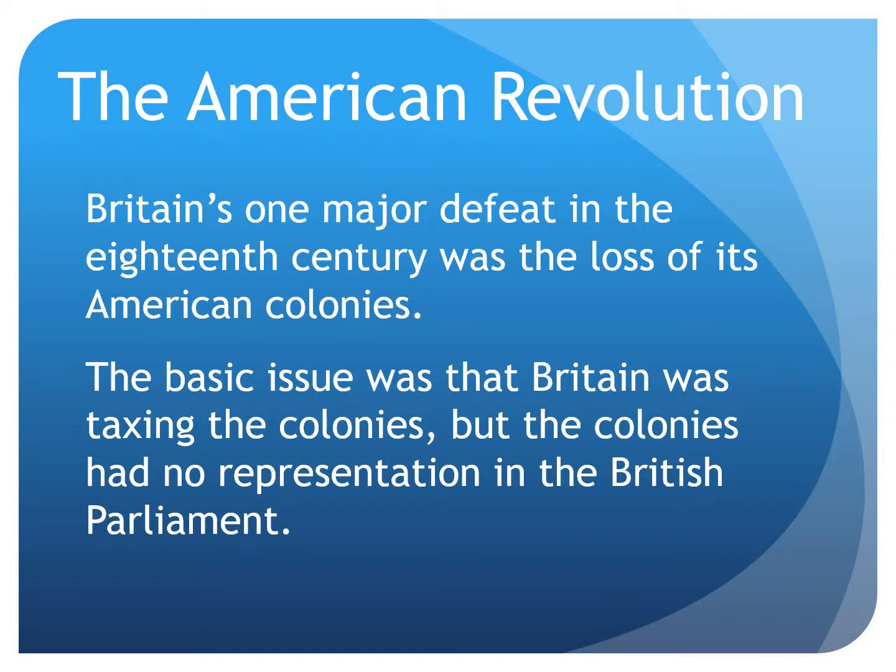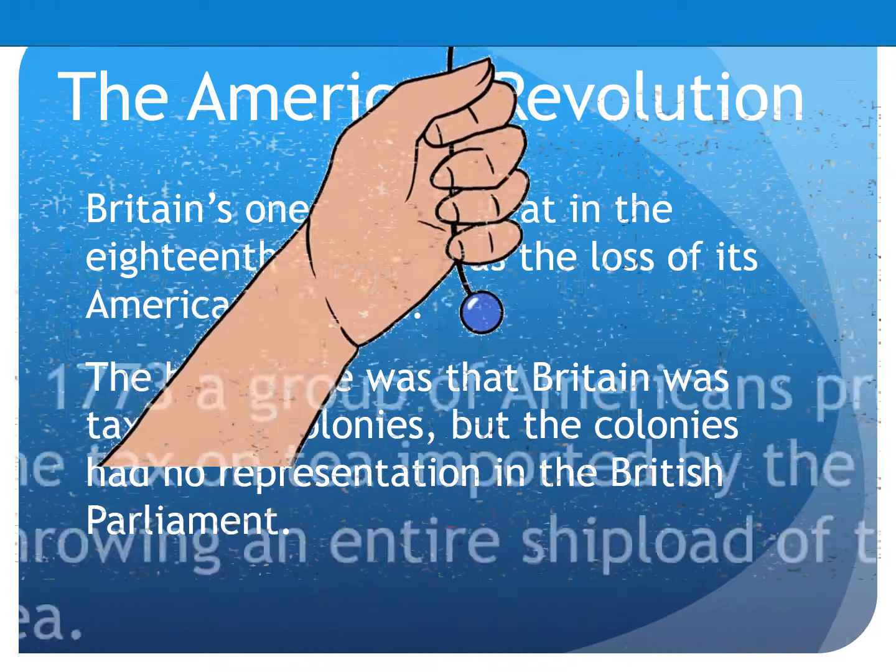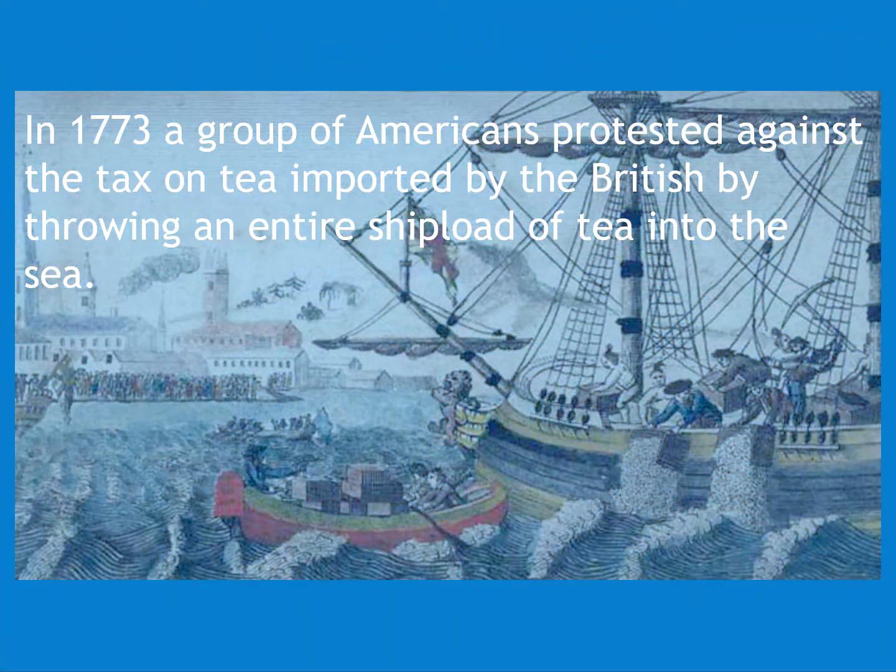And they won. Firstly, one of the early things they did was protest against the tax by throwing a huge shipment of tea into the water, because they didn't want to pay the British tax on tea.